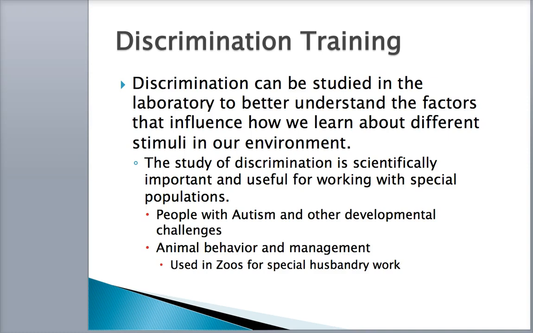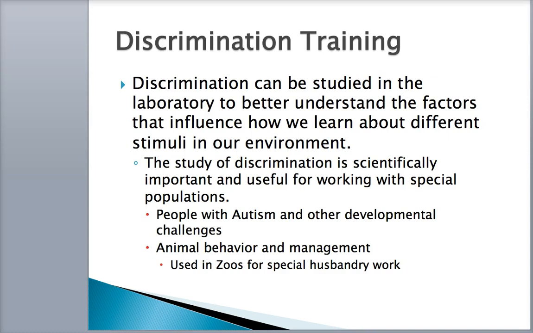So discrimination training and discrimination in general, the ability to respond to different stimuli in different ways, can be studied in the laboratory so that we can understand the factors that influence how we learn to respond differently to different things, different stimuli in the environment.